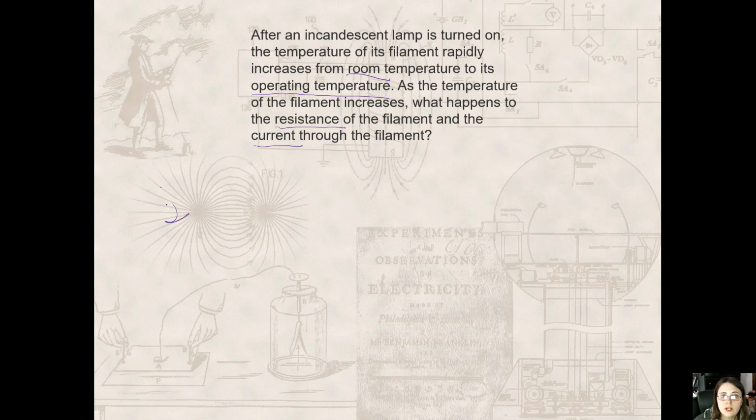So we're looking for I and R. We know that as the temperature increases, the resistance is going to increase. If the resistance increases, just from V equals IR, we know that the current is going to have to decrease for the same voltage.